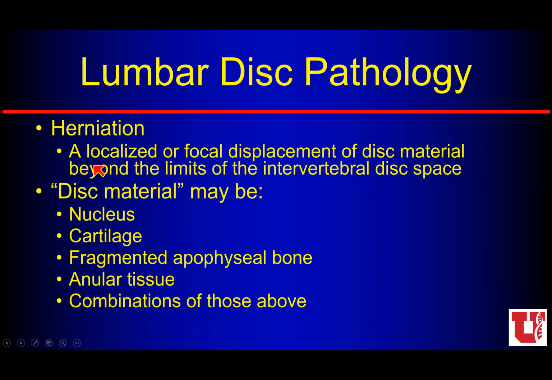But a herniation is a localized or focal displacement of disc material beyond the limits of the intervertebral disc space. So any kind of disc material, so that may be nucleus, could be cartilage, could be bone, could be annular tissue, or usually it's some kind of combination of all of those things. So we use disc material to be any of these things itself.